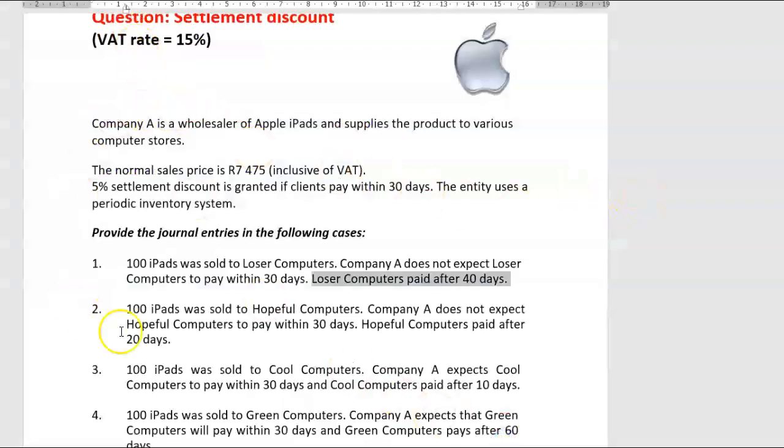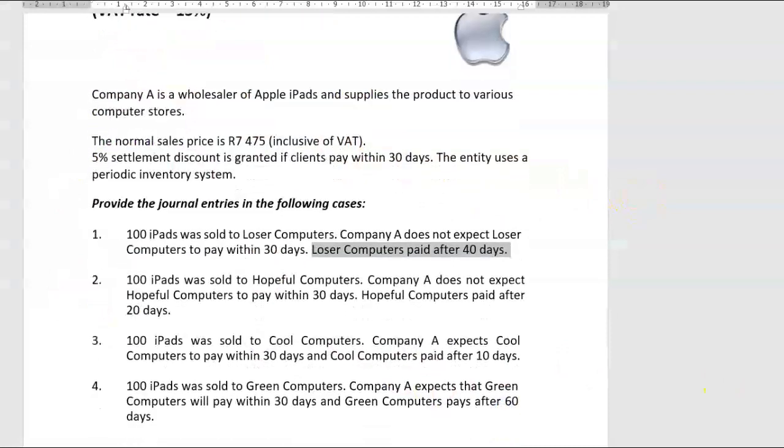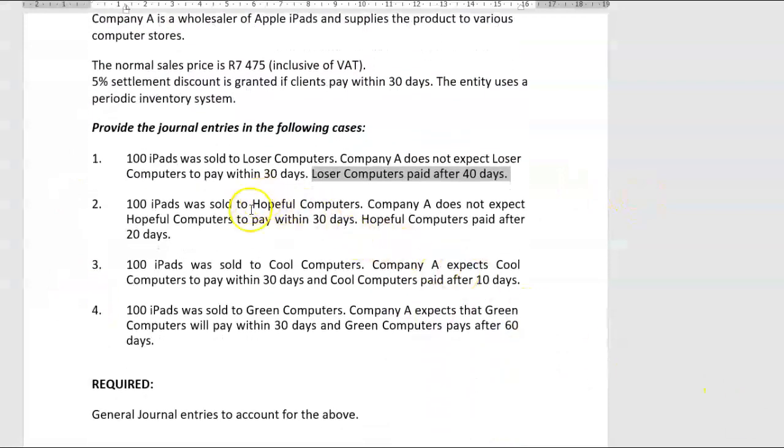Good. In the second instance, 100 iPads were sold to Hopeful Computers. Company A does expect Hopeful Computers to pay within 30 days. So that's a sales transaction. What is the question that I ask? Was there an expectation that Hopeful Computers will pay within the settlement period?